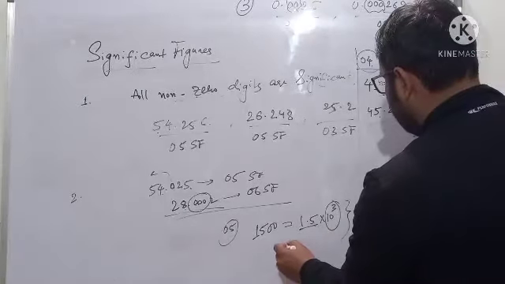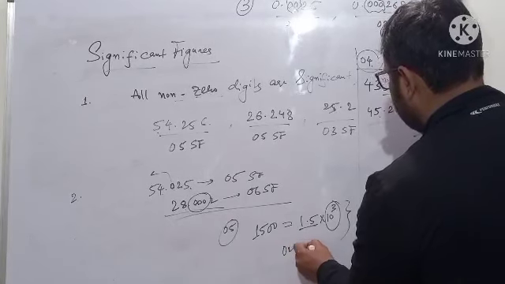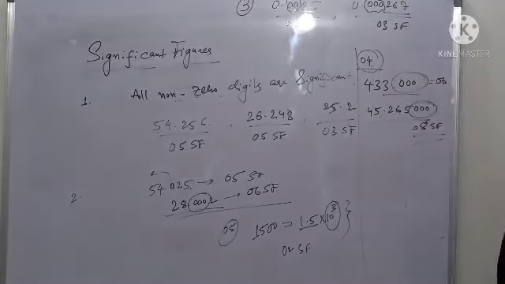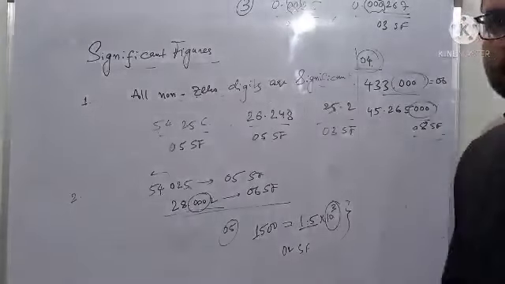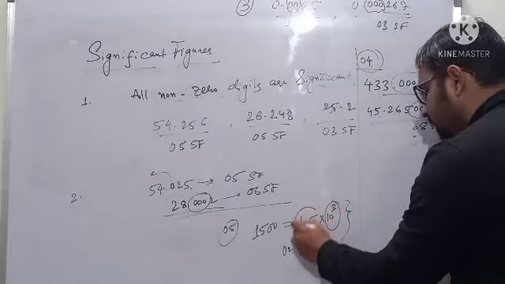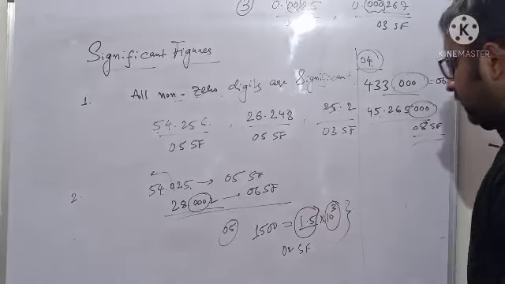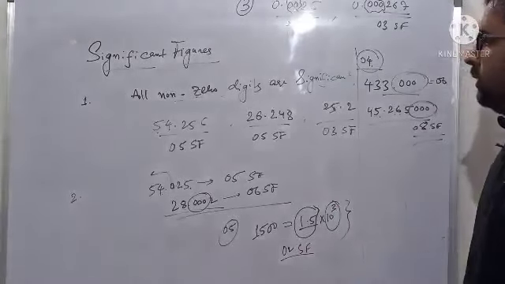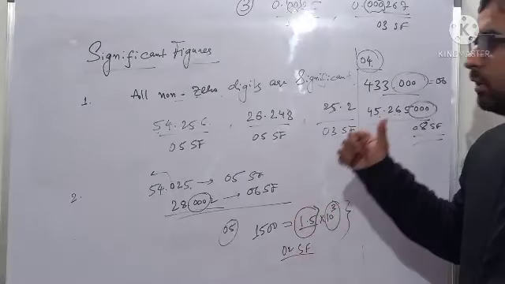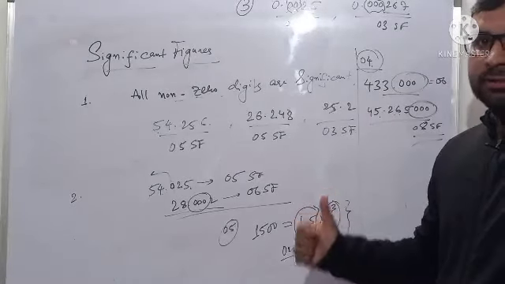So this will have 2 significant figures. So in scientific notation, the exponential part is insignificant, the numerical part is significant. So we have 2 significant figures here. So these are the 5 rules for counting significant figures.